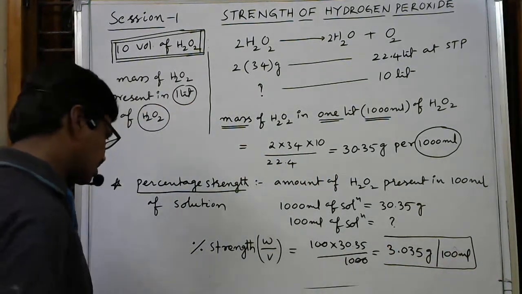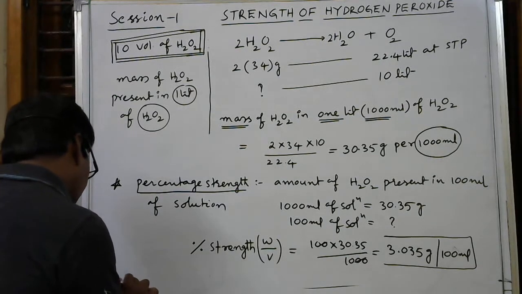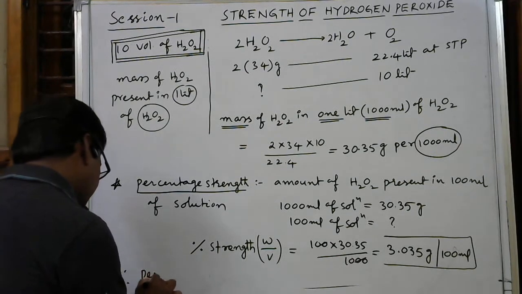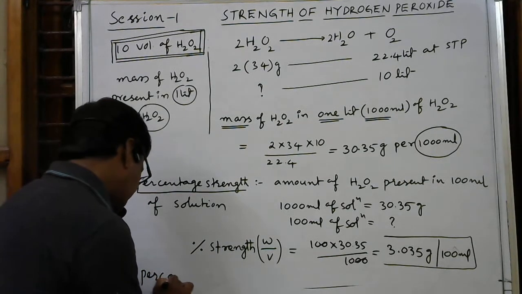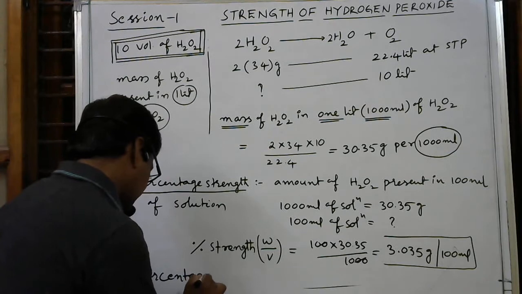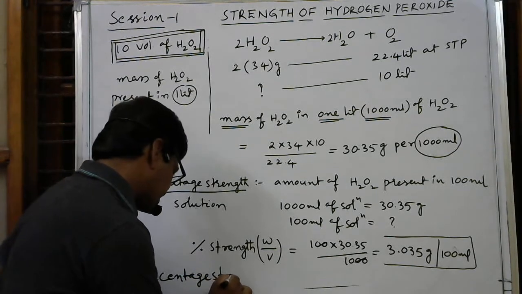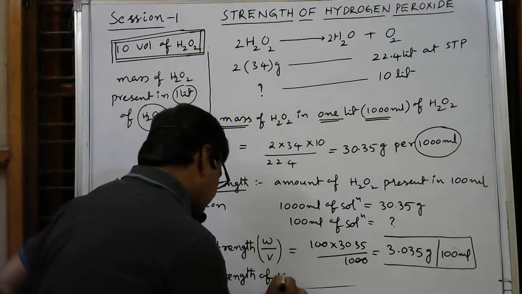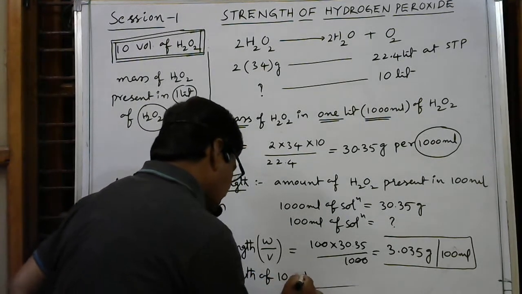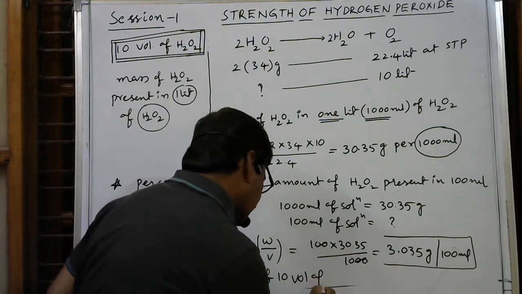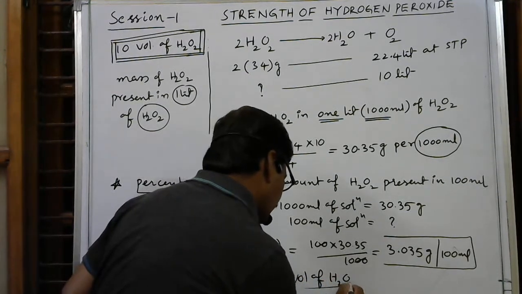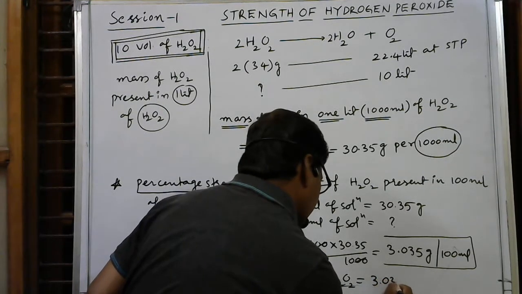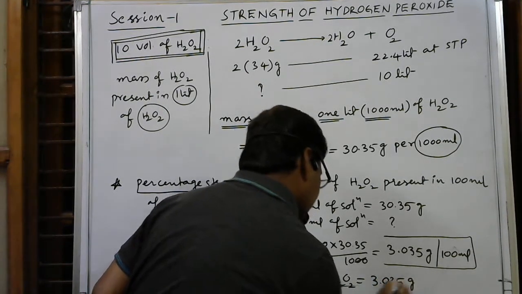Therefore, the percentage strength of 10 volumes of H2O2 is equal to 3.035 grams.